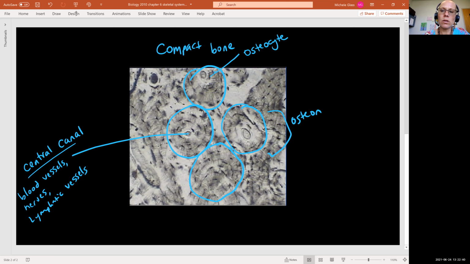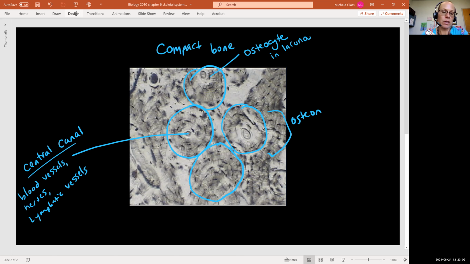And the osteocytes are located in a little space called a lacuna. If you are talking about the plural form of the word, we use the AE ending and we would pronounce that lacunae. So each osteocyte is located in a little bit of space in that bone. It's a living cell. It needs some room to move and grow a little bit. And so that's going to be that space right there.